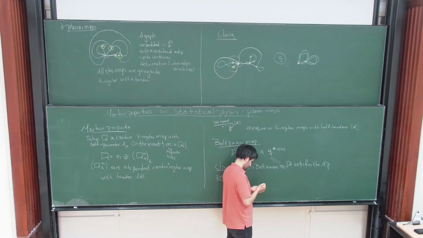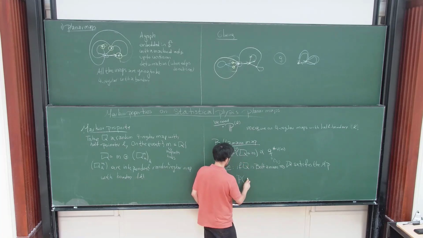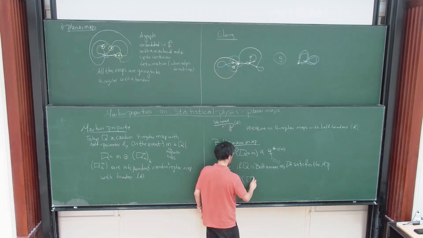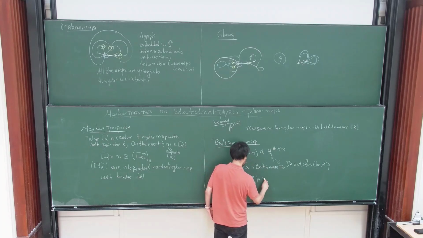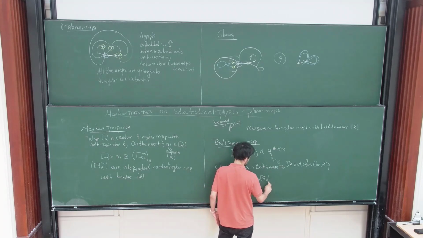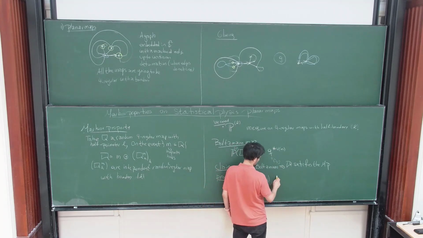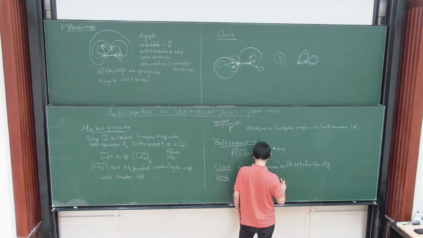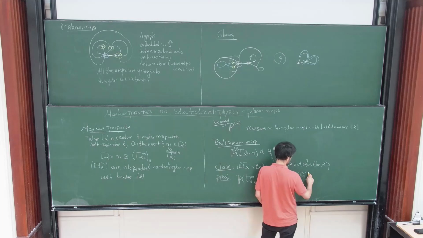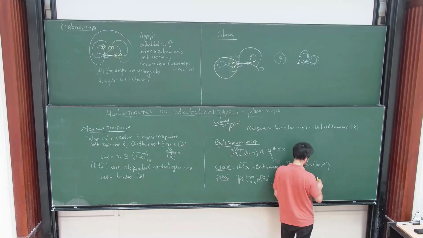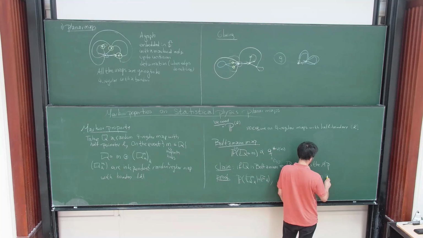The probability that Q_M^H is equal to M^H, let's say, and that M is containing Q, will be equal essentially to the probability that Q is equal to the gluing between M with M tilde.